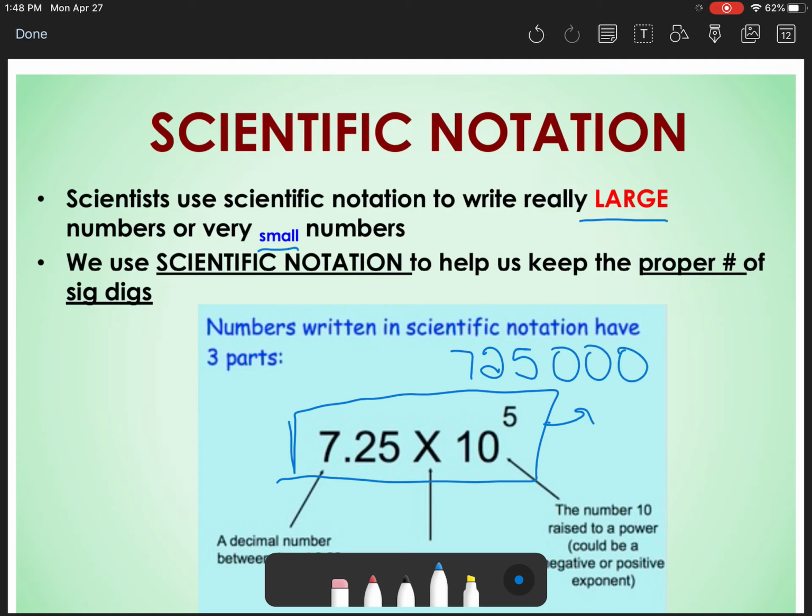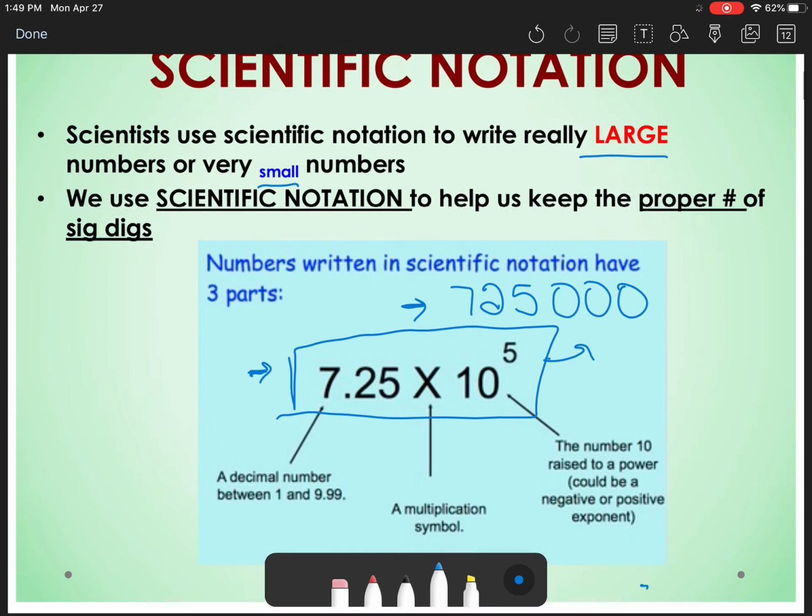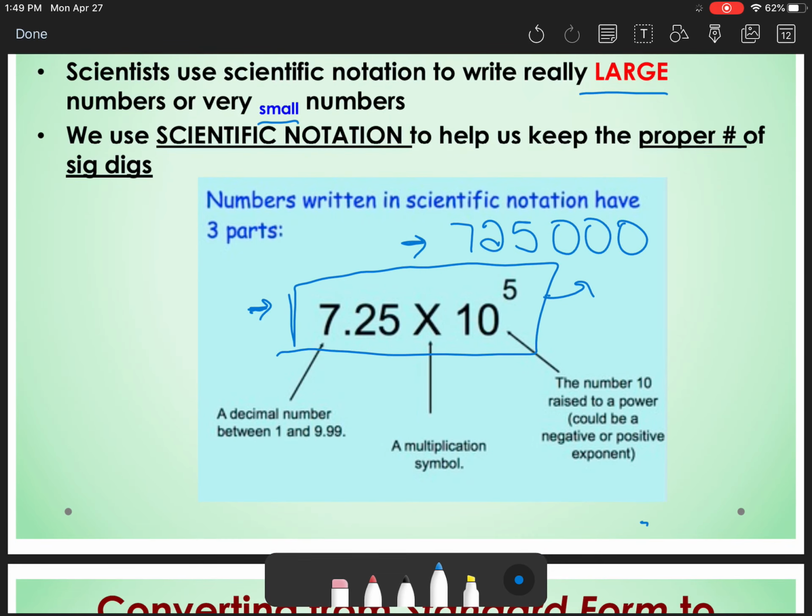So it helps us represent large numbers in a bit of a different fashion. So you're going to have to be able to convert from scientific notation, which is this one, to standard notation and back and forth and understand what those numbers mean. So let's take a look at the format here of scientific notation. There's a few different features here.